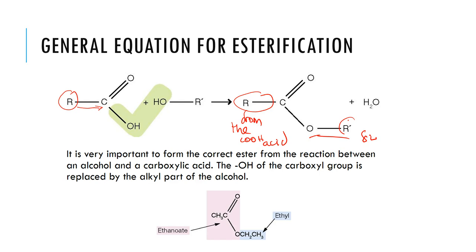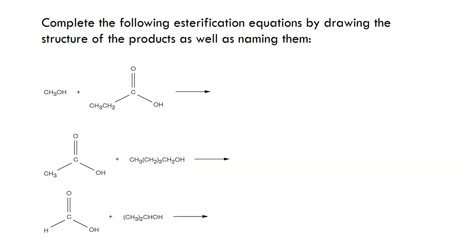So the group that goes into the single bonded oxygen from our alcohol gets the -yl suffix, in this case ethyl because it's 2 carbons long, and then the chain coming out from the carboxylic acid part of the molecule, including this carbon from the carbonyl all the way out, in this case it's 2, so it's eth, gets the -anoate suffix. So let's try some of these.